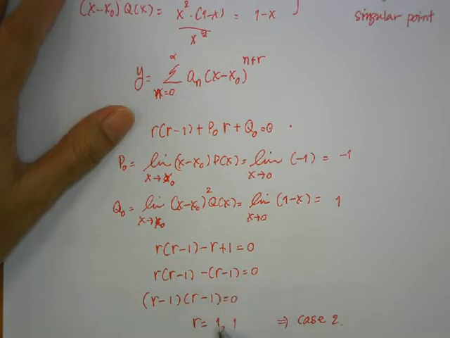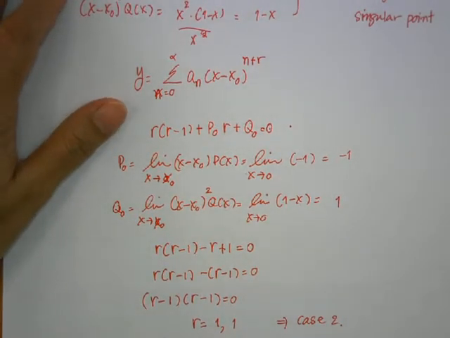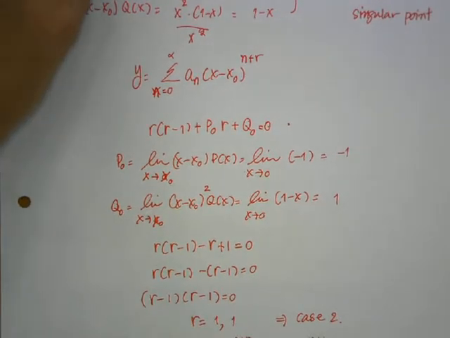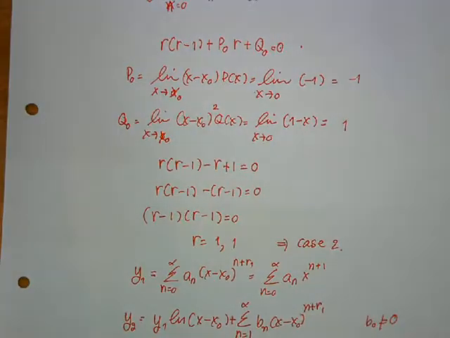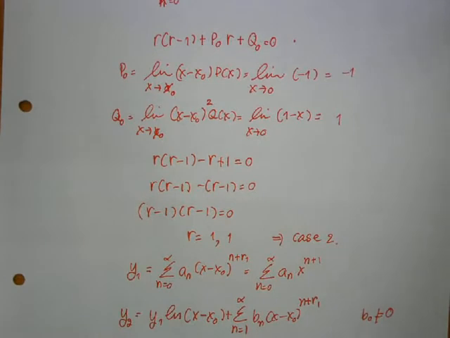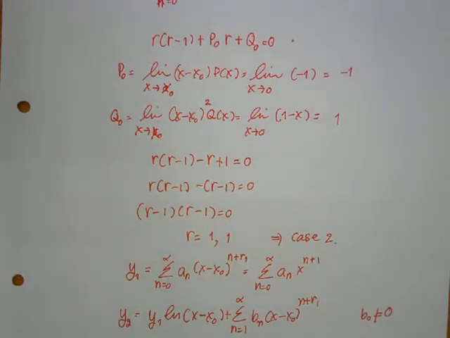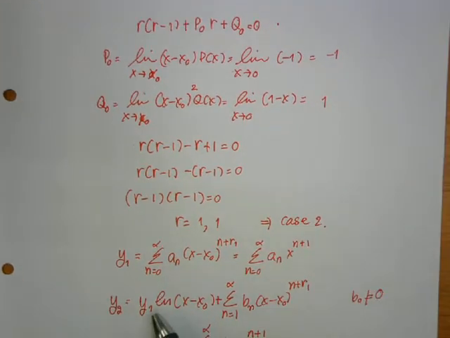I get the value of r is equal to 1 and 1. So that means r1 is equal to 1 and r2 is equal to 1, which is r1 equal to r2. It is our second case. For the second case, y1 should be in the form of the summation of a_n x to the power of n plus 1, n starting from 0 to infinity, and y2 is equal to y1 ln(x minus x0).